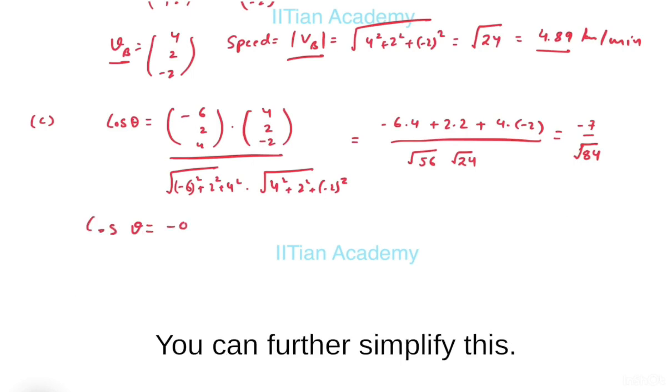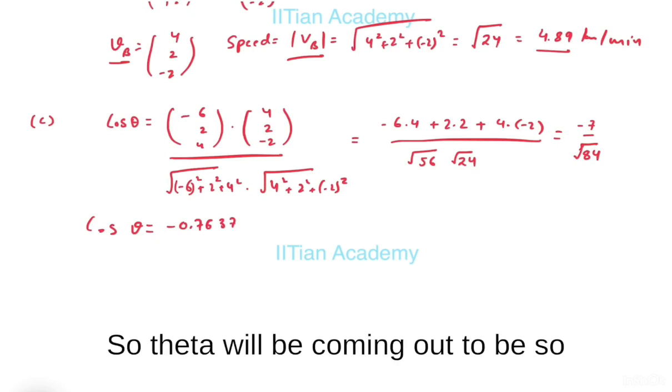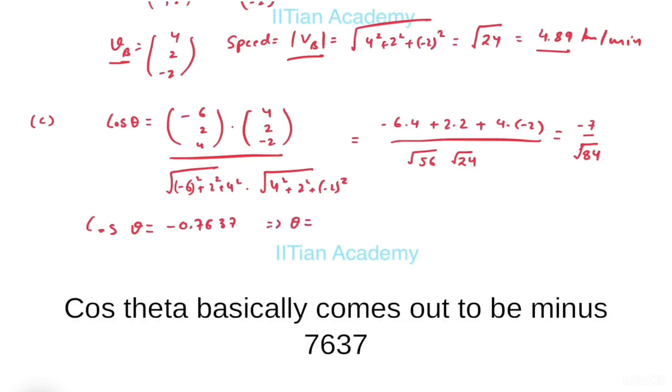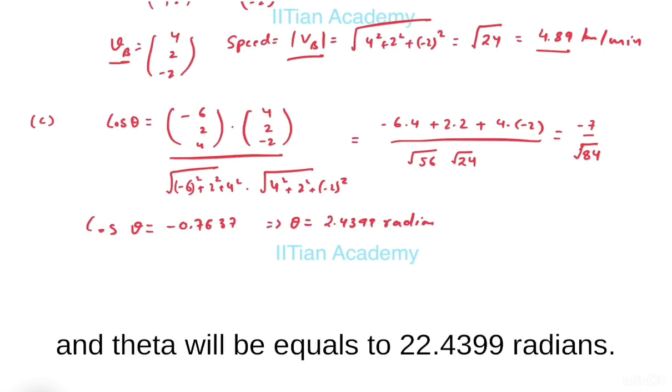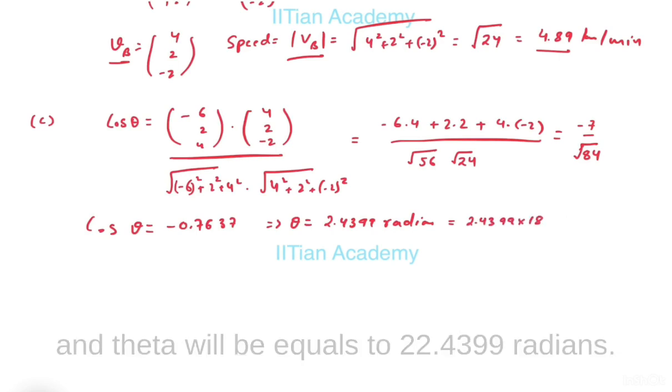You can further simplify this. So cos theta basically comes out to be minus 0.7637 and theta will be equal to 2.4399 radians.